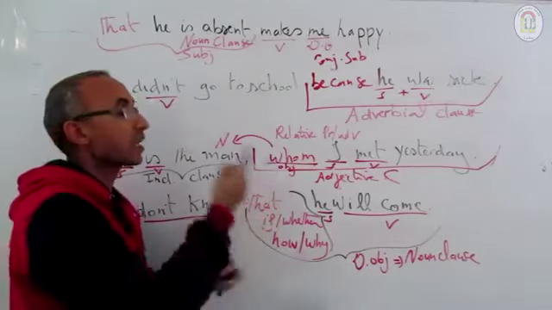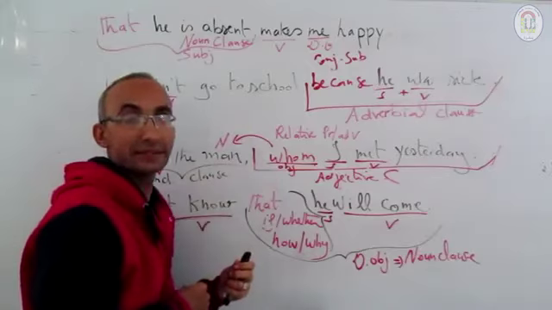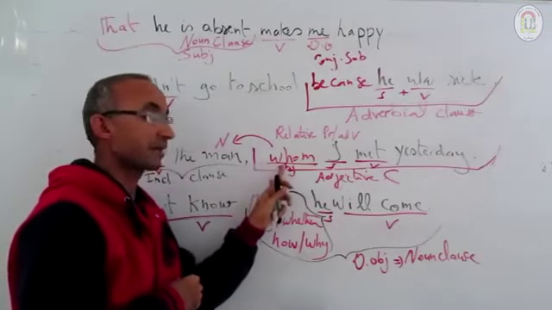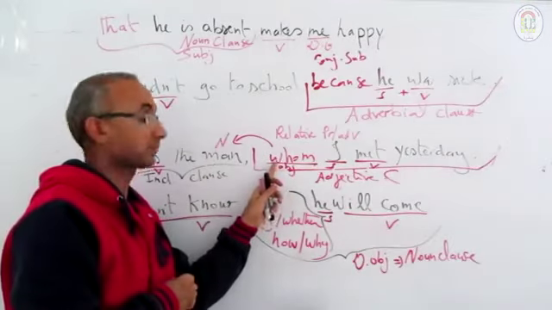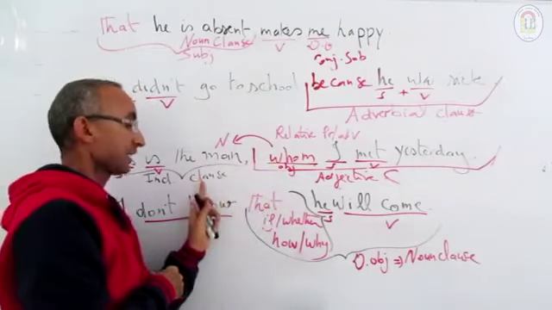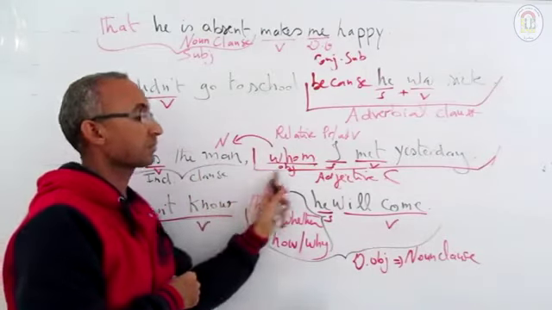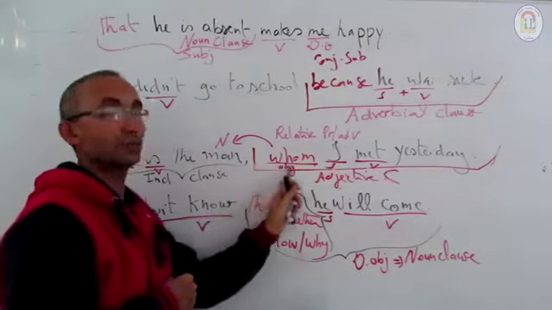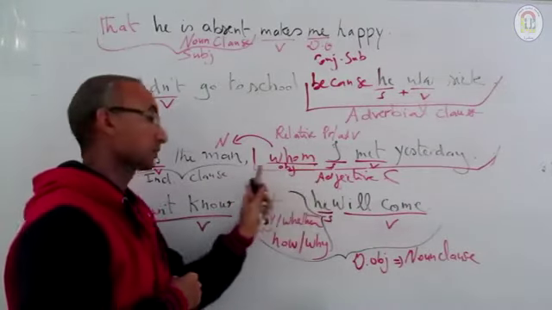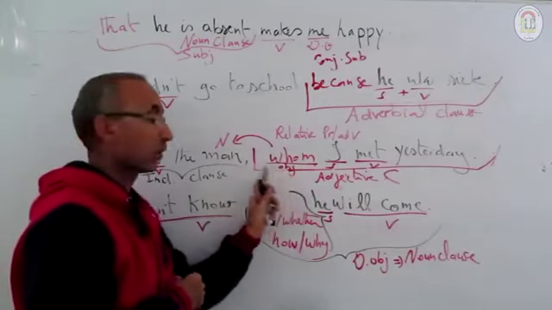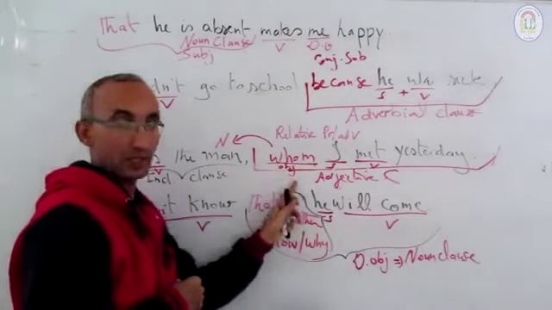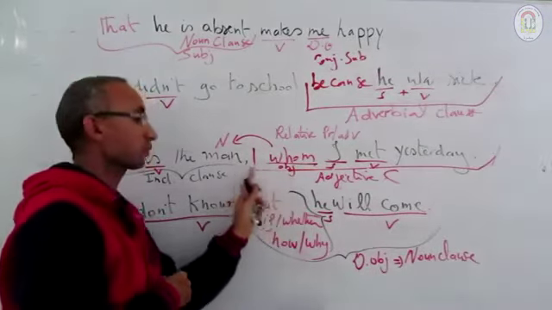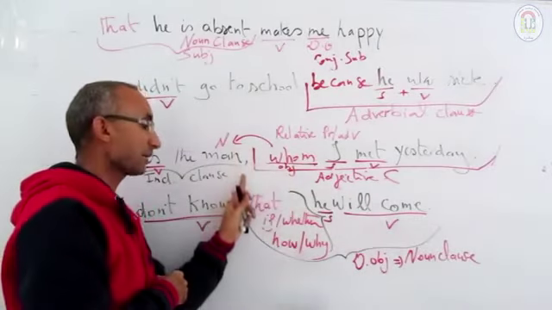Also for the when, it can be a relative adverb. This is Ramadan, when Muslims fast. I like the holiday when people go to the beach. So, Ramadan, when. Holiday, when. The day, when. The month, when. 1991, when.